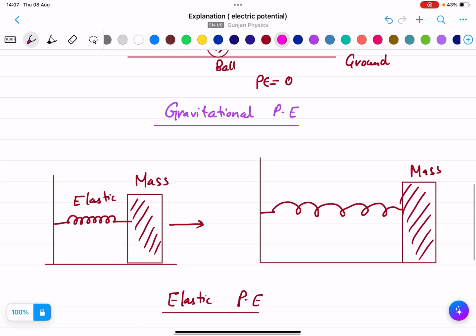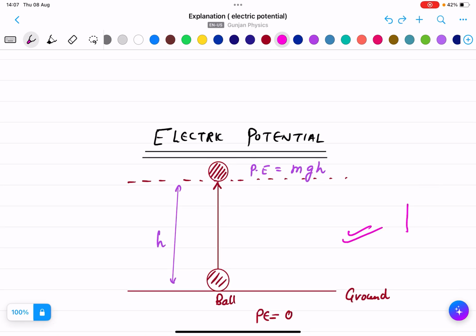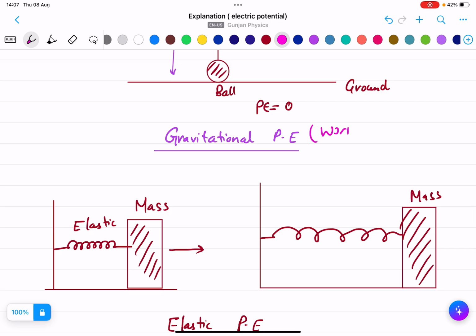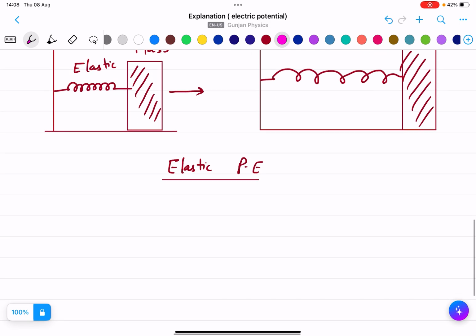In this case there is an elastic, but we are working against it. So it is the work done against gravity, and in this case the work done against the elastic field.